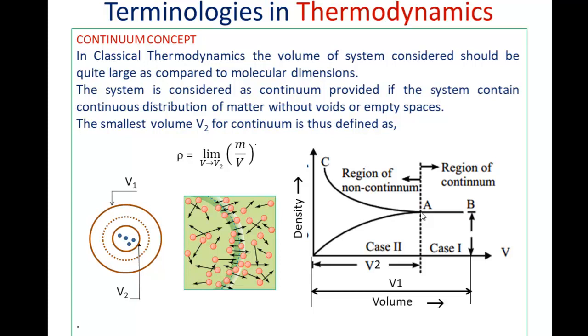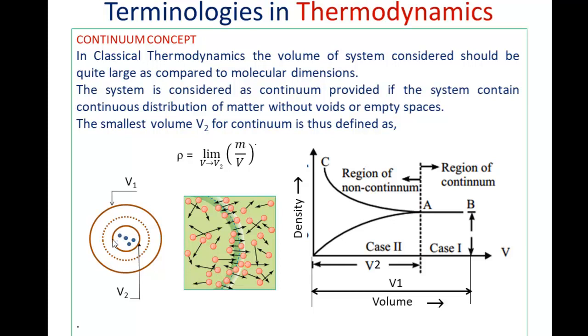Beyond this state A, where the volume is V2, if you further reduce the volume of the system, then the density will not remain constant. Instead, it can either decrease or increase, because the number of molecules present inside this volume is going to vary with respect to time.